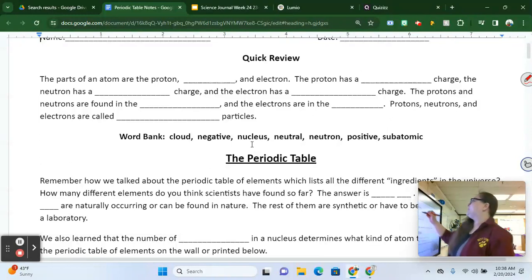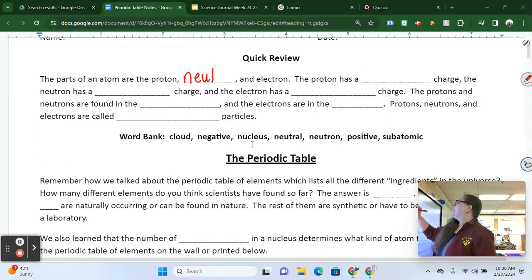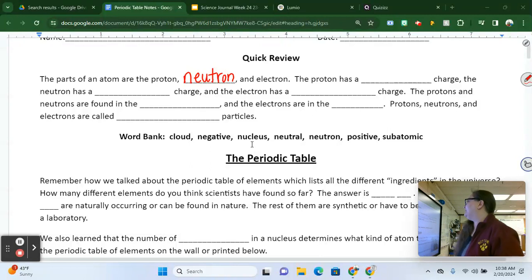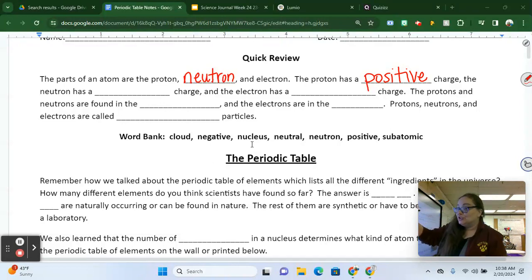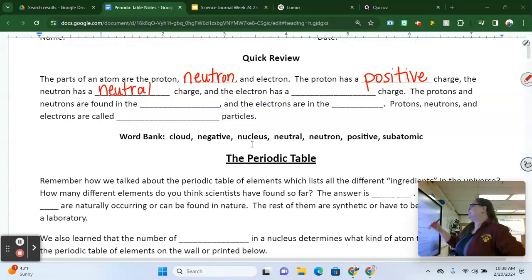So, the parts of an atom are the proton, the neutron, and the electron. The proton has a positive charge. The neutron is neutral. And electrons are so negative. Oh my God. Ew.